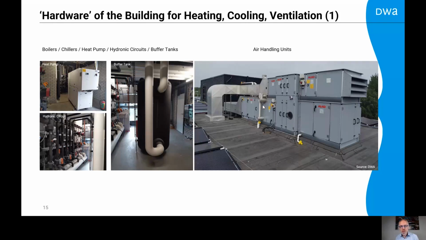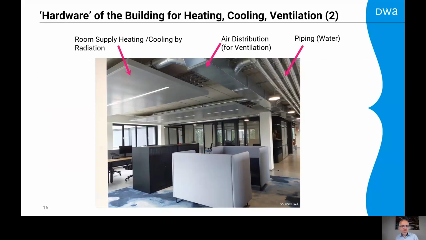We're talking in this video about mechanical ventilated buildings. So on the top of the building, we see the air handling units. Coming into the building, we see the air distribution, the air channels, and we see the water piping for hot water and cold water.